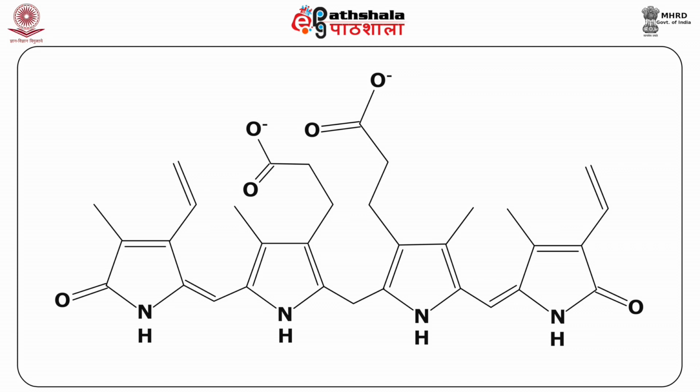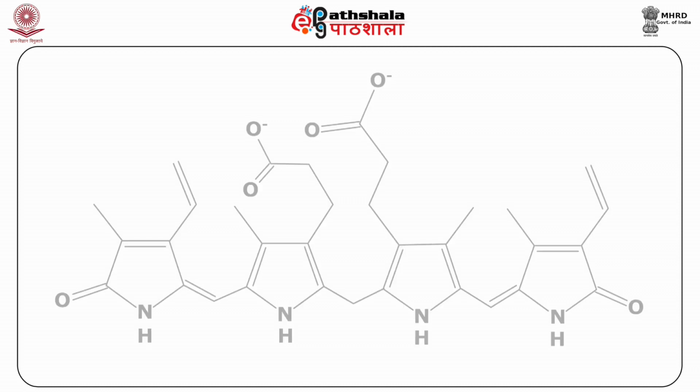Also, bilirubin is very similar to the phytochrome pigment found in plants that is used to sense light, and also to the pigment phycobilin used by particular algae to capture light.